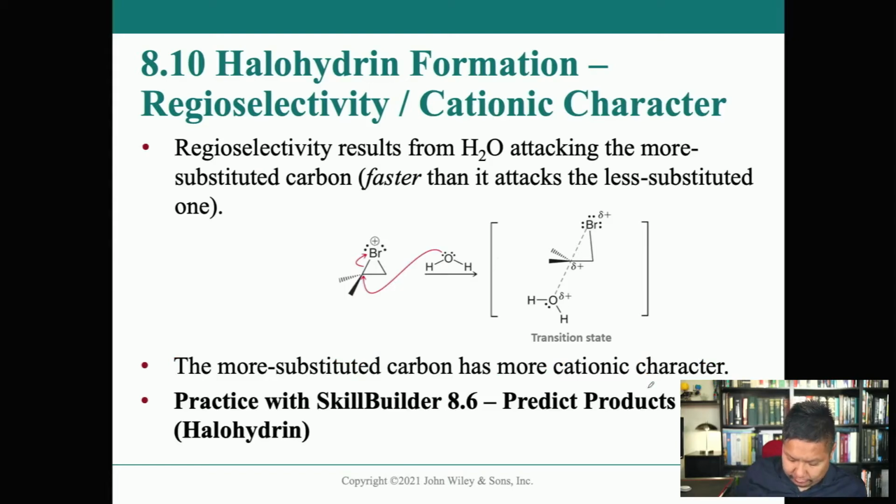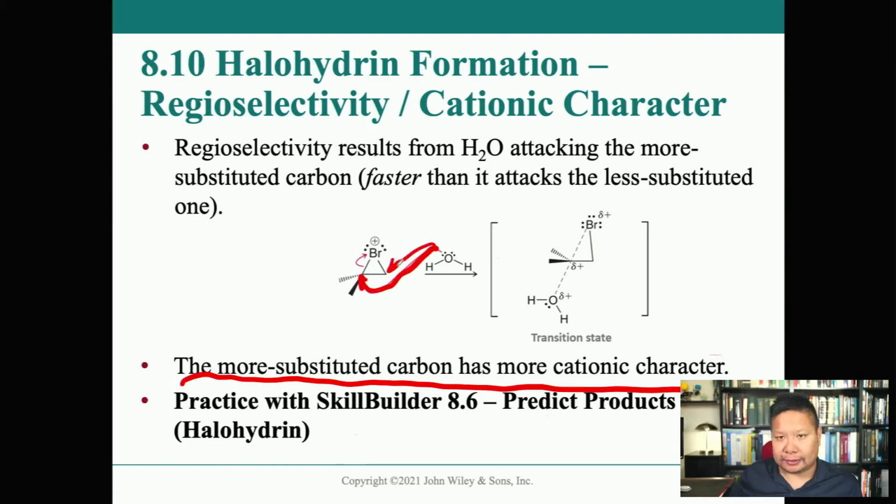The more substituted carbon has more cationic character. When I said it had more partially positive character, that's what I mean by that. That's why the water attacks here first rather than here, because the more substitutions give it a more partially positive character, as you can see here in the transition state.